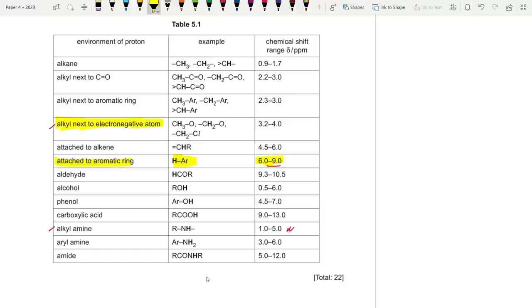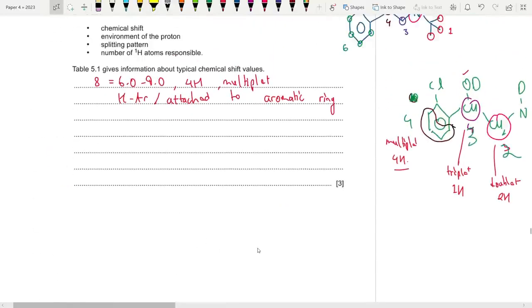So it's a CH connected to O, so the value is in the 3.2 to 4 range. So chemical shift of 3.2 to 4 range. How many hydrogens? 1 hydrogen is responsible.